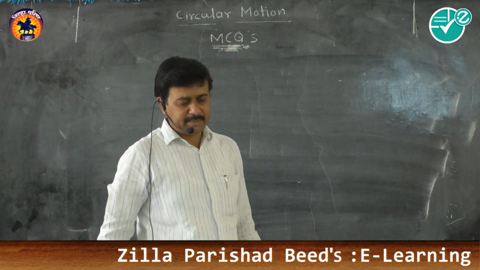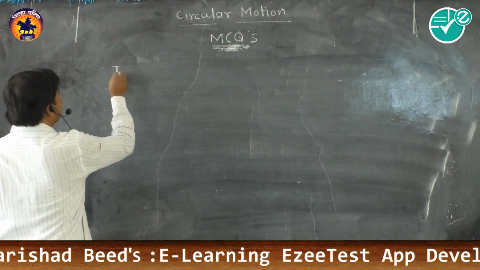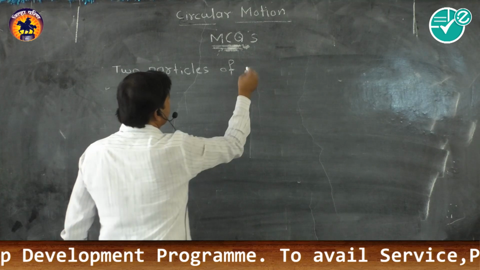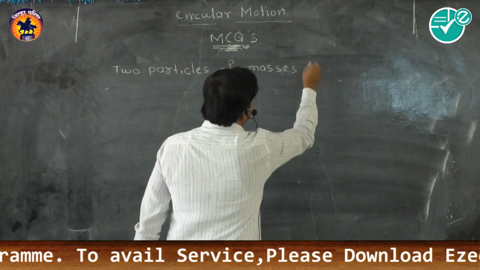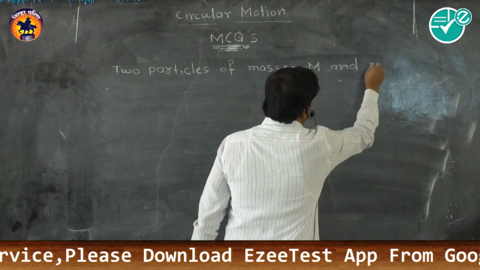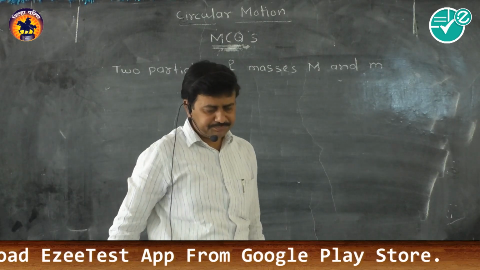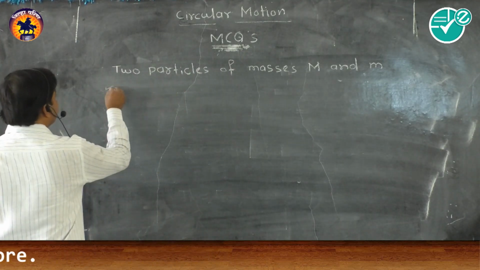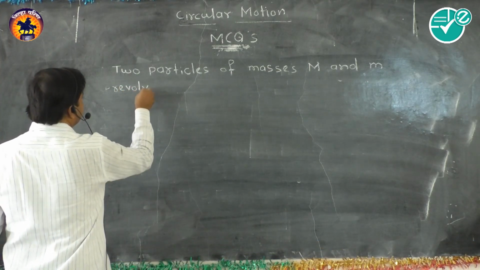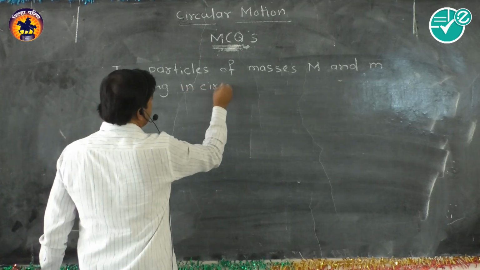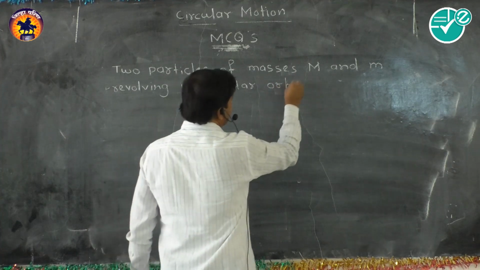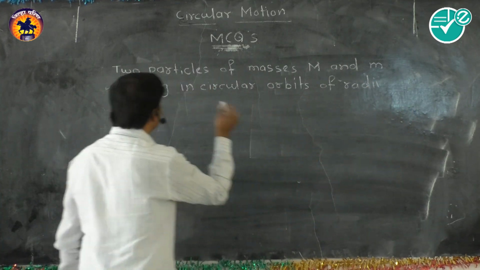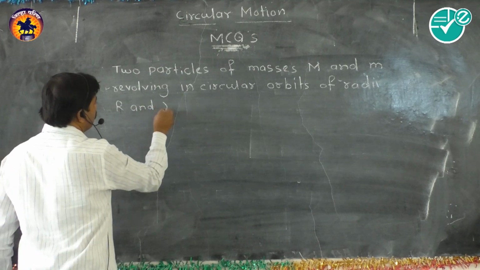Two particles of masses capital M and small m respectively, revolving in a circular orbit of radii capital R and small r.